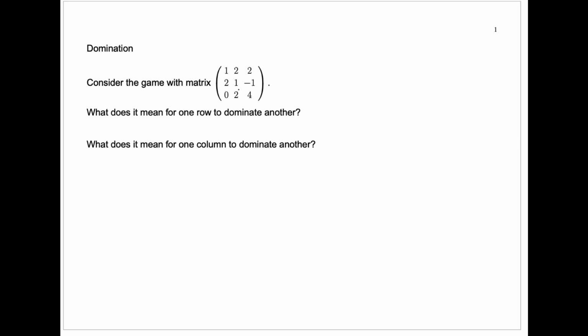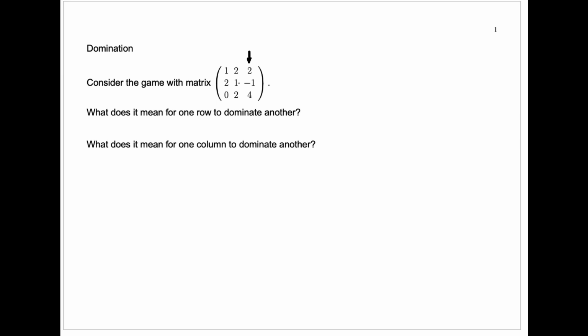What does it mean for one column to dominate another? Well, it means the same thing, only for player 2. Player 2's goal is to get the smallest possible return. So we say one column dominates another if each entry of that column, say column 3, would be less than or equal to the corresponding entry in another column, say column 2. That 2 is less than or equal to that 2.